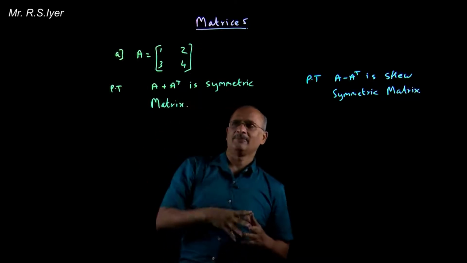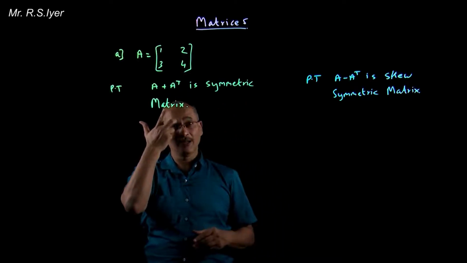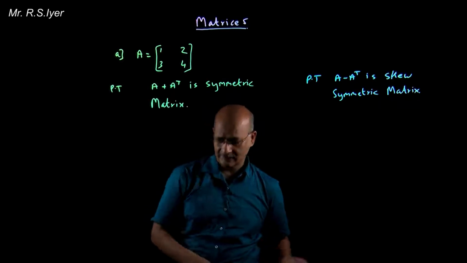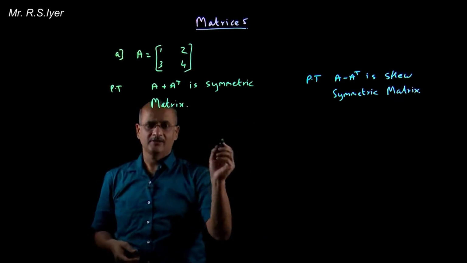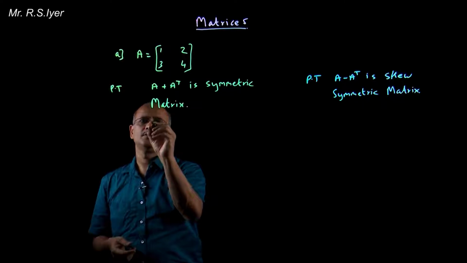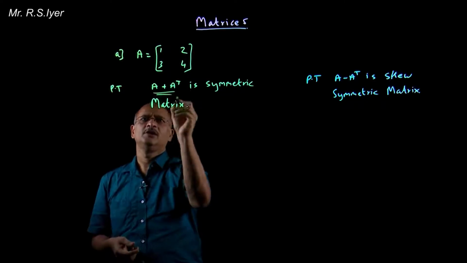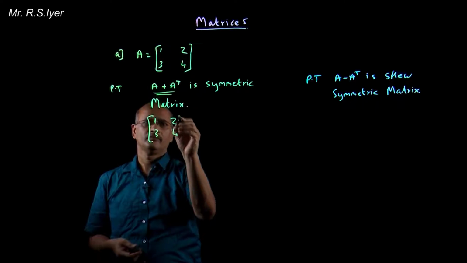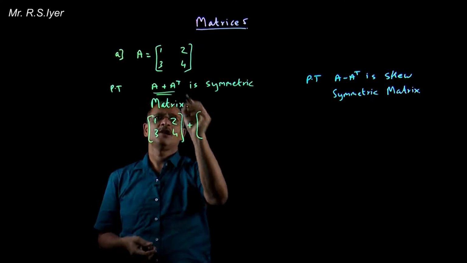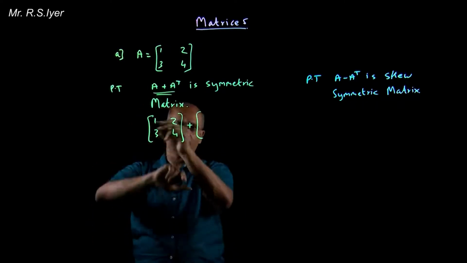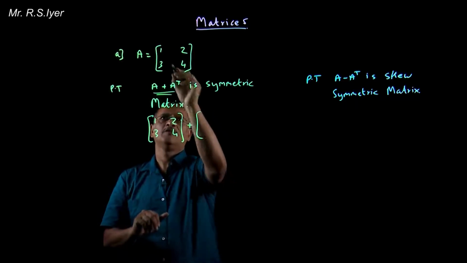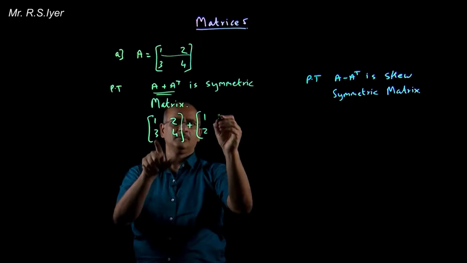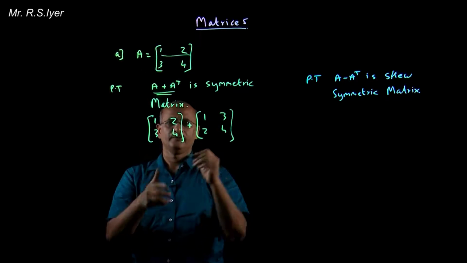Let us take this example now, A plus AT. So, I believe first you find A plus AT in this case. So, let us see what happens. A plus AT matrix. So, A matrix plus transpose of A. So first row will become the first column, 1, 2, then 3, 4.